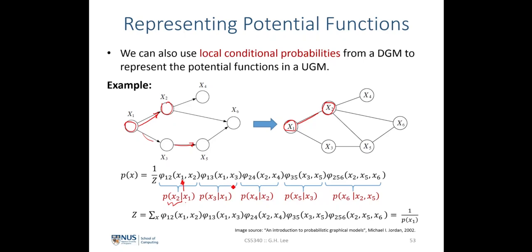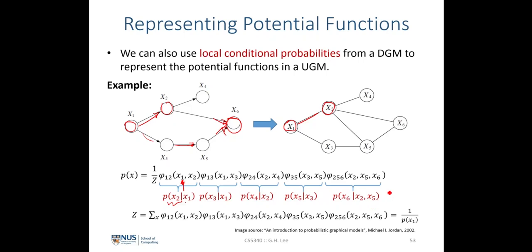And the final partition function over here can simply equal the marginal probability of x1. What's interesting over here is the head-to-head structure of x6. There are two arrows pointing towards x6 from x2 and x5. In the context of the local conditional probability, we will get the probability of x6 conditioned upon x2 and x5.